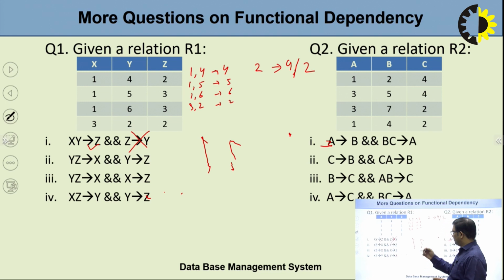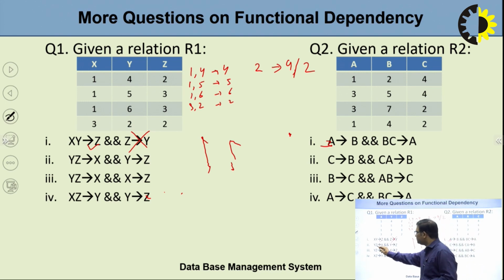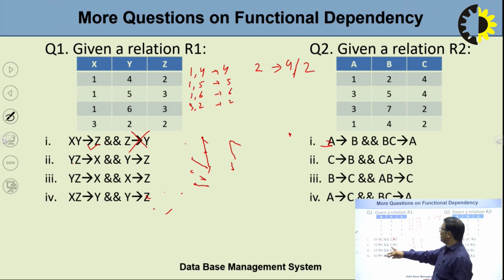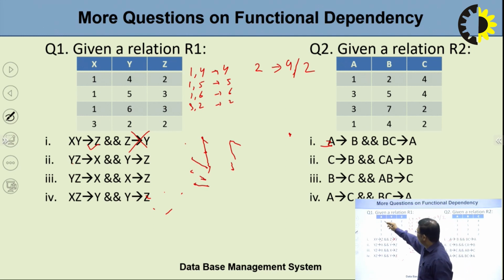Okay. Let's check another. YZ to X. YZ is 4 2, 5 3, 6 3 and 2 2. All are different. To X, we can find X as 1 1 1.